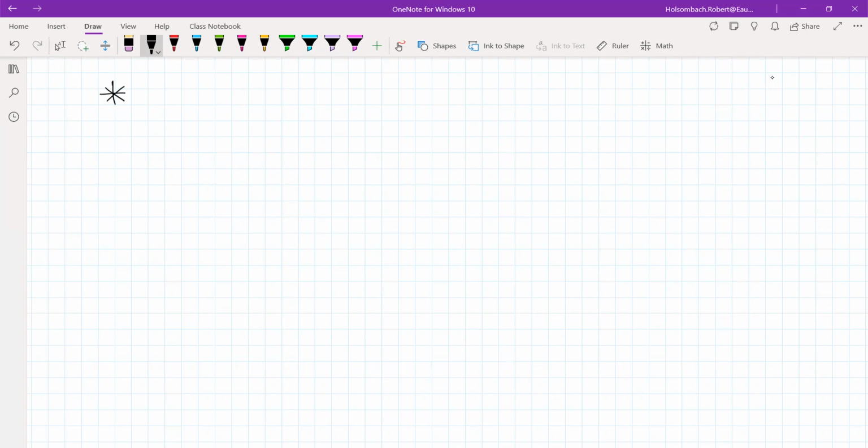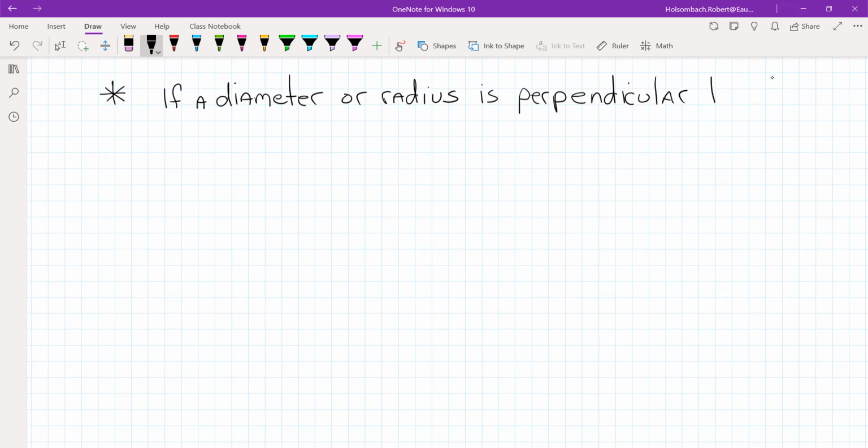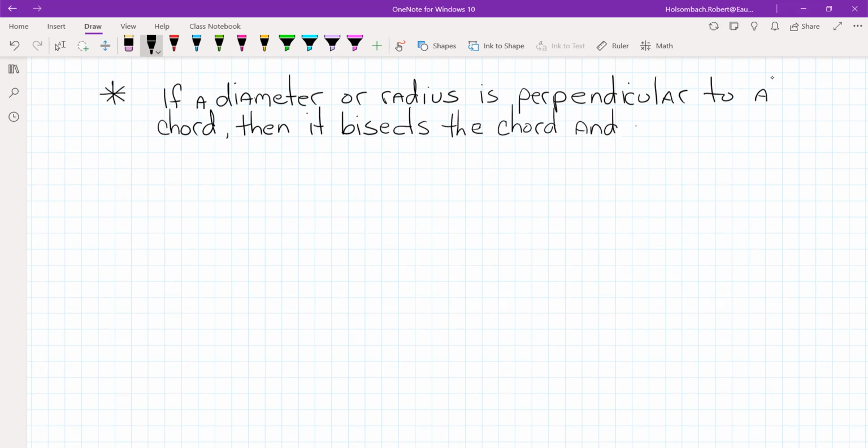And what we've got here is if a diameter or radius is perpendicular to a chord, then it bisects the chord and its arc.